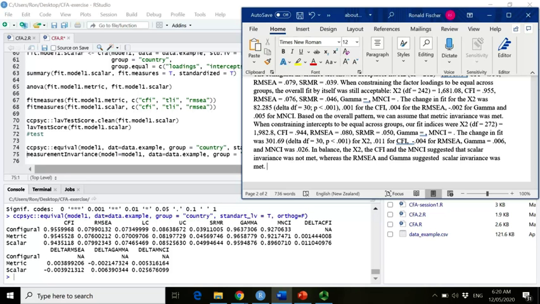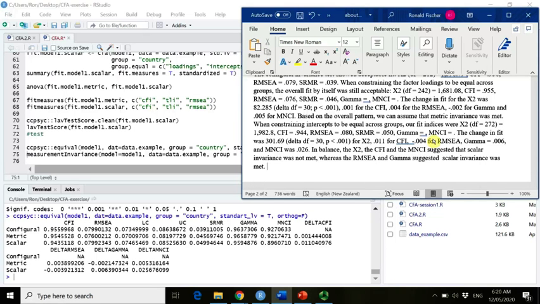You could now look at further information, so you could run your modification indices and see whether there's some of these values that could be freed up. And so this is really where detective work would start in order to really work out what's happening here.